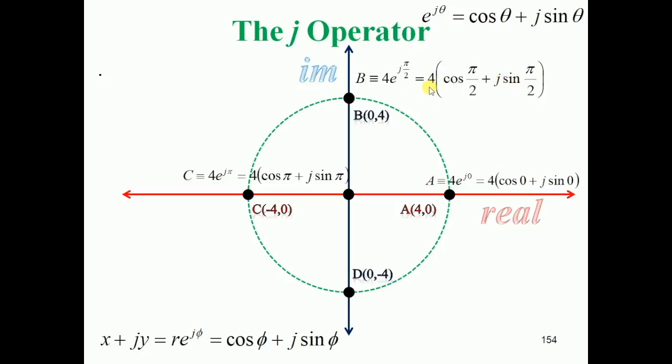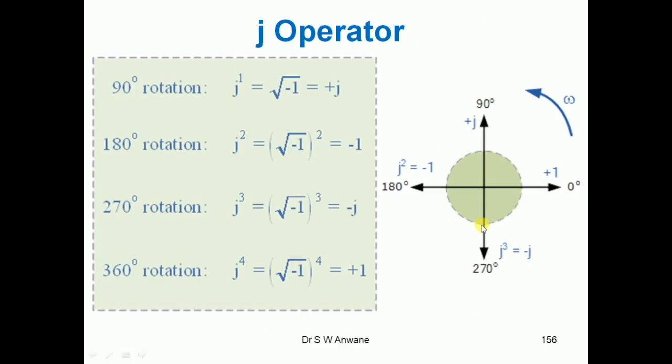So in this fashion we can have rotation through pi encompassed into the j operator representation of the exponential function, and here 270-degree rotation is 3 pi by 2 and then one complete rotation. So here a 90-degree rotation can be represented by j, a 180-degree rotation can be represented by j square, and so on. So here as omega t rolls, this rotation is being represented by the j operator.